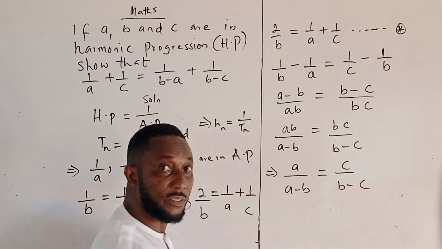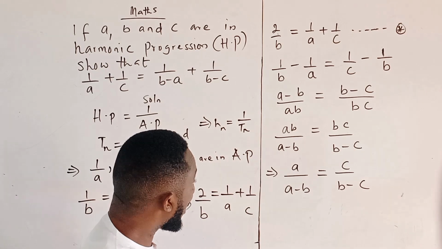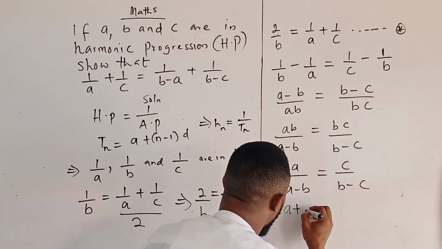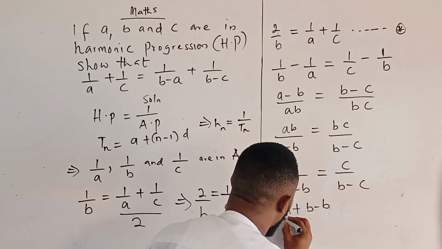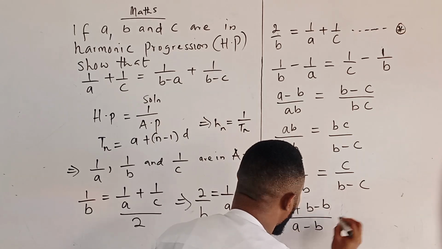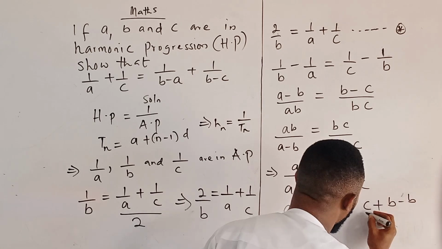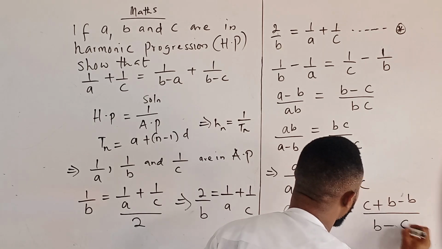We are going to bring creativity and logical reasoning into things here. So we can say (A + B - B)/(A - B) is going to be equal to (C + B - B)/(B - C).